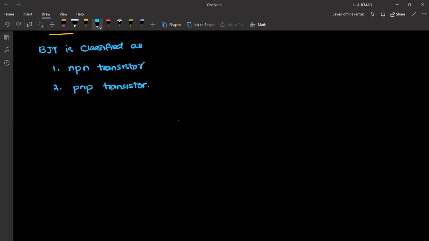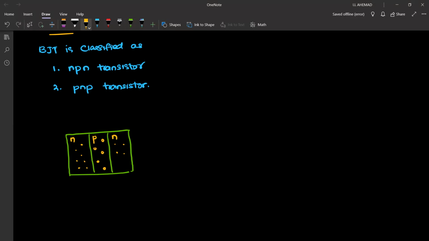So the NPN transistor, we have N region, P region and N region. So here there are free electrons. Majority carrier is free electron, and in this region the majority carrier is holes, and here it's free electrons.